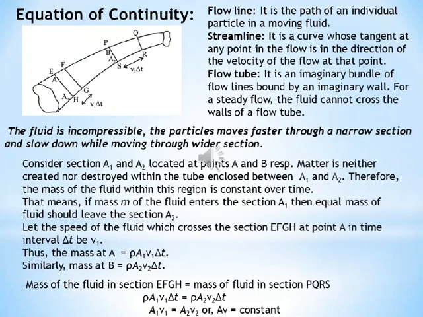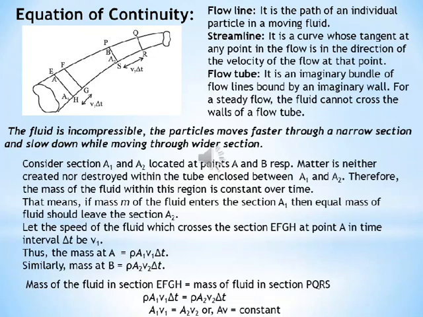What will be the mass at point A? According to the definition of density, rho is equal to mass upon volume, right? So by using this equation, the mass at A is rho A1 V1 into delta t, where volume is A1 into V1 into delta t.